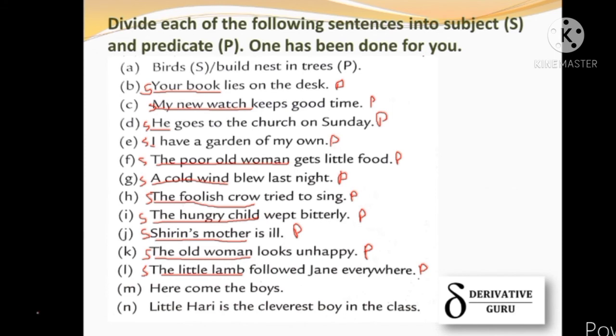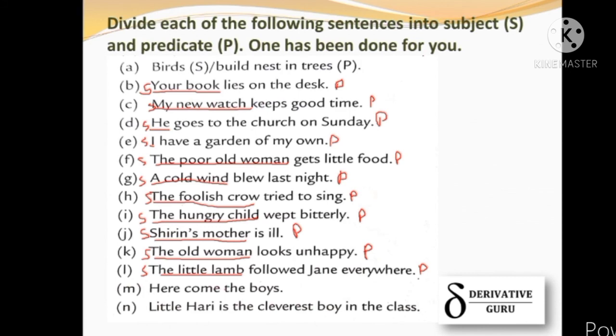Here come the boys. Here come the boys. So you are talking about the boys, right? You are talking about the boys who have arrived. So what will be the subject?